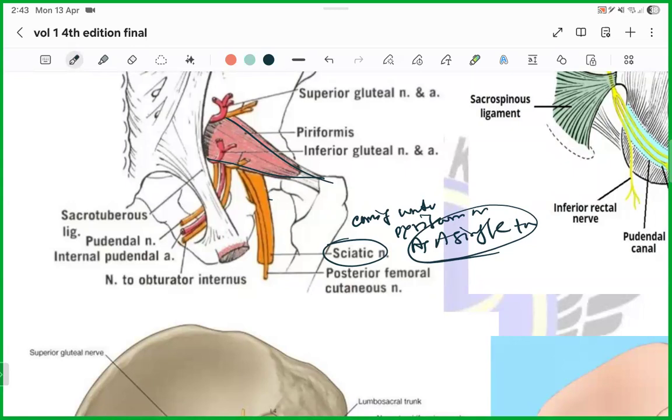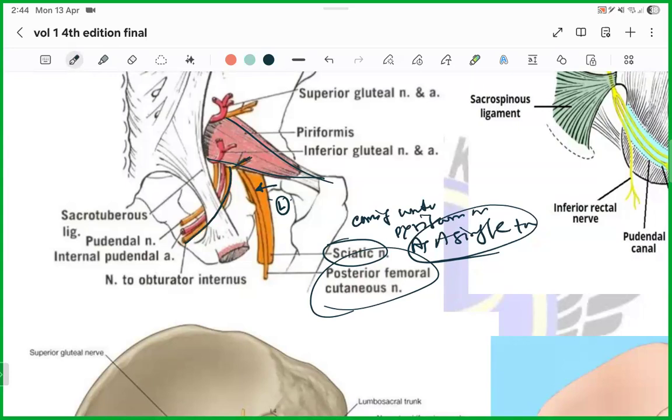Then we have posterior femoral cutaneous nerve. Sometimes they ask that this is the most lateral structure, and sometimes they ask a thin nerve you find medially. That is posterior femoral cutaneous nerve. Then we have nerve to obturator internus.